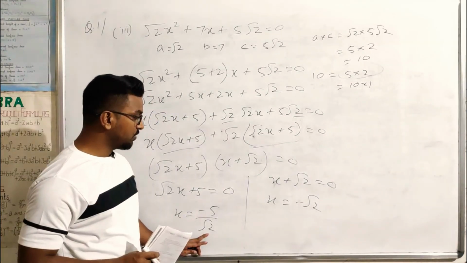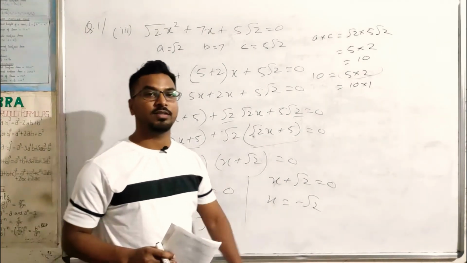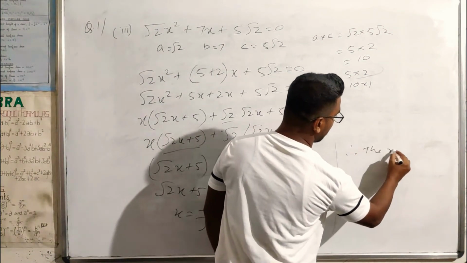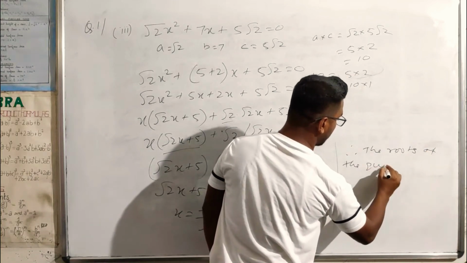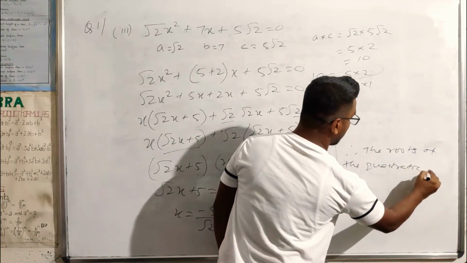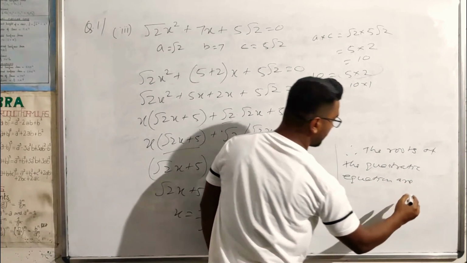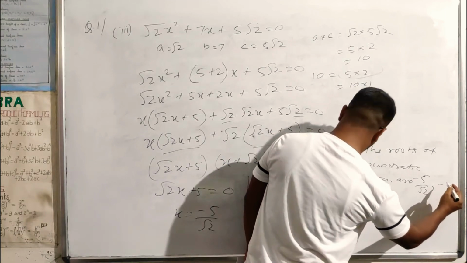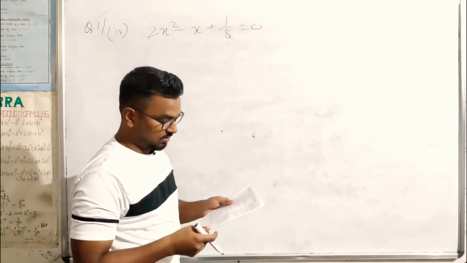So the roots of the quadratic equation are minus 5 by root 2 and minus root 2. Therefore you can write: the roots of the quadratic equation are minus 5 by root 2 and minus root 2. See, I am doing only the important questions.